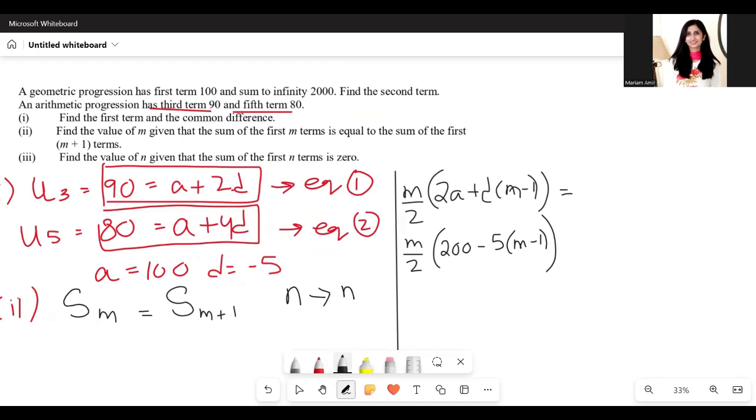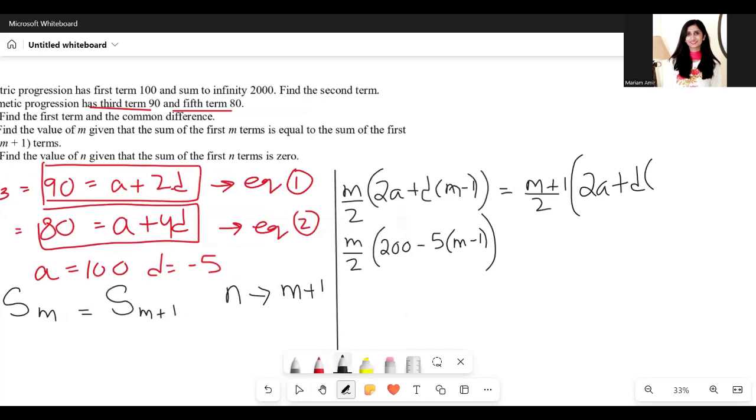Wherever there is n in the formula, you write m plus 1 in place of that. So n over 2 becomes m plus 1 over 2, bracket 2a plus d times n minus 1, but n for us is m plus 1, so m plus 1 minus 1 just becomes m. So I'm getting m plus 1 upon 2, 2 times a is still 200, minus 5, and inside the bracket we just have an m left.